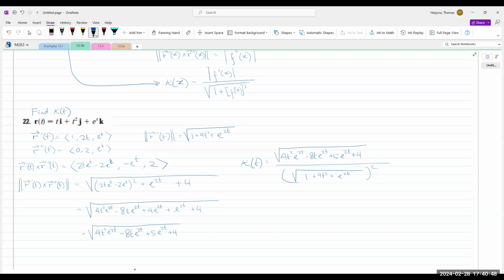I know it looks very nasty, but yes, that's the curvature.